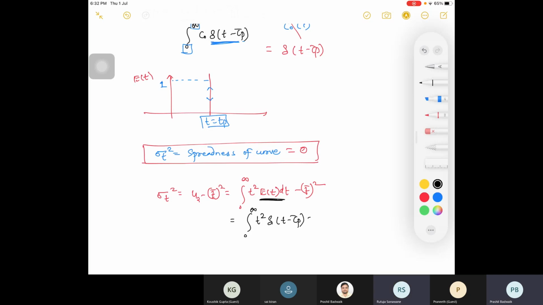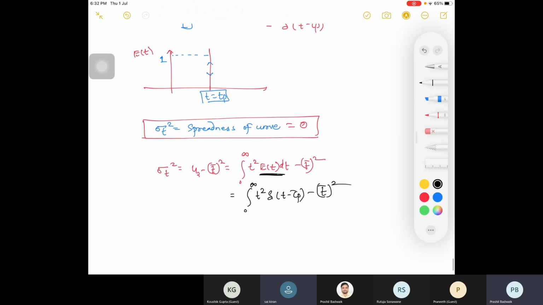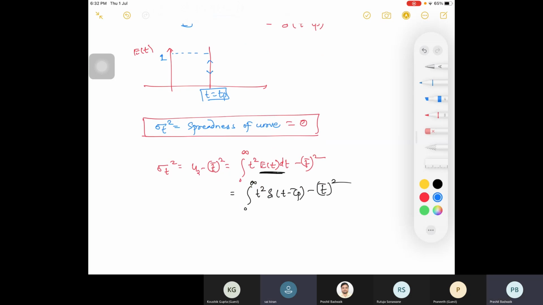Del of t minus tau p. t square. Now can you calculate what is the value of your sigma t square? Tau p square minus t bar square. When both are equal, then we will get 0. So it is your t mean square minus your t mean square, which is equal to 0.